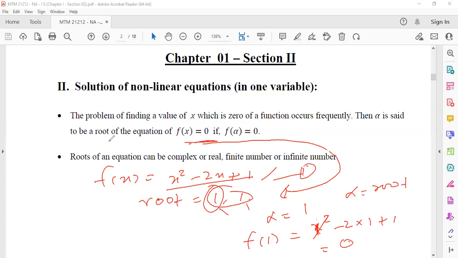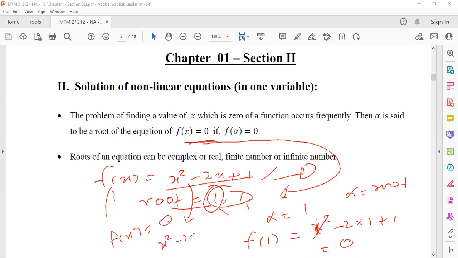That's what they are saying. The problem of finding a value of x which is a zero of a function occurs frequently. That alpha is said to be a root of the equation f(x) equals 0 if f of alpha is equal to 0. Anyway, we are going to find the solution of the equation equal to 0, no? That's how we found this root.